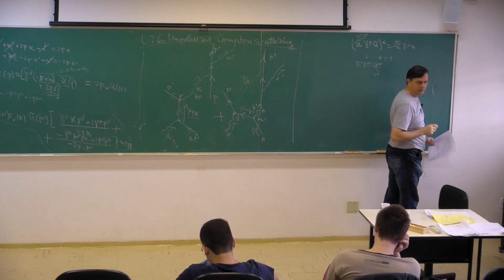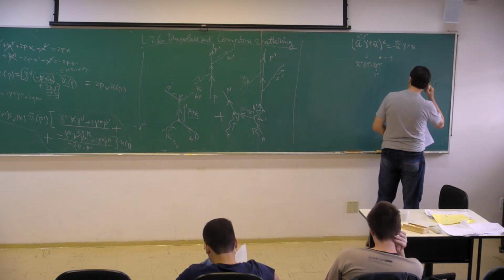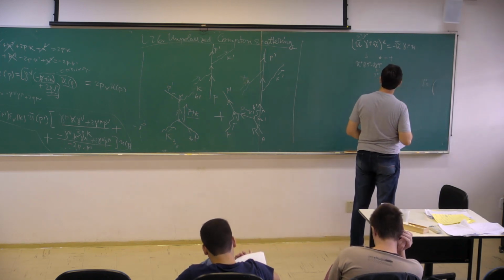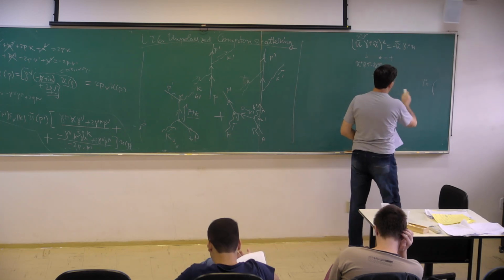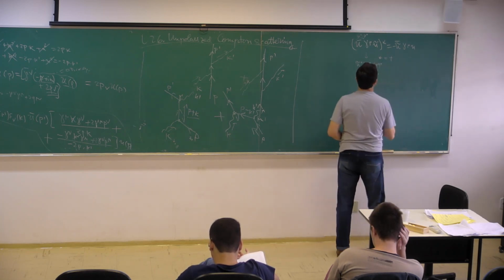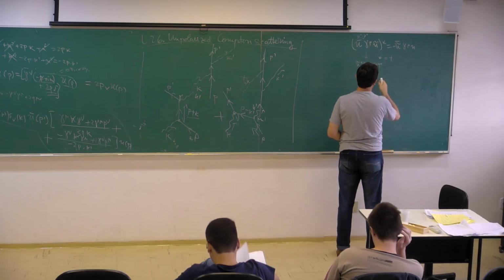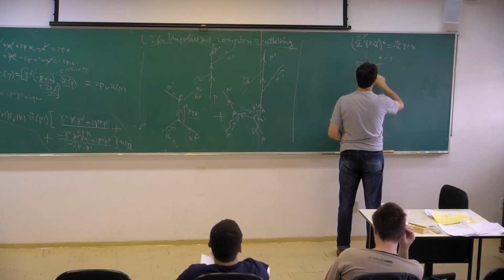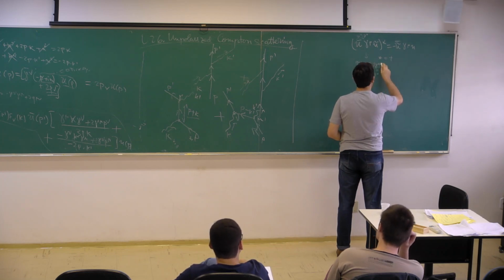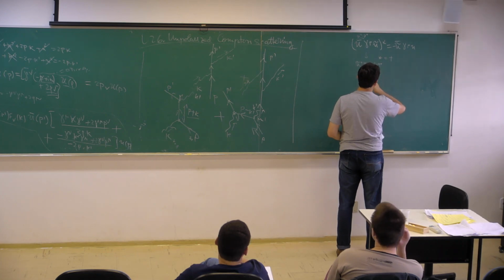The gamma i is anti-Hermitian and gamma 0 is Hermitian. Yeah, then you get a minus sign that cancels when you commute. Yeah, that's right. I see now. So this is minus gamma 0.